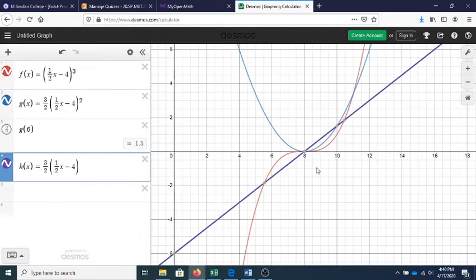Now, notice that this second derivative, this straight line, is negative. It has negative y values everywhere to the left of 8, but it has positive y values everywhere to the right of 8. Okay, now what does that tell me?